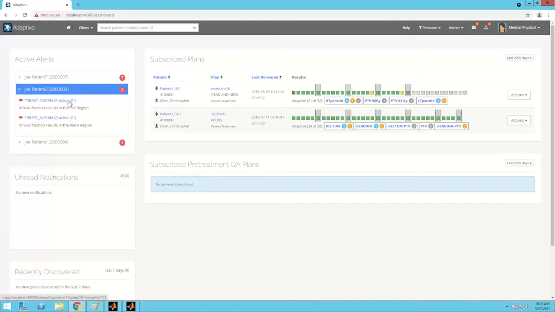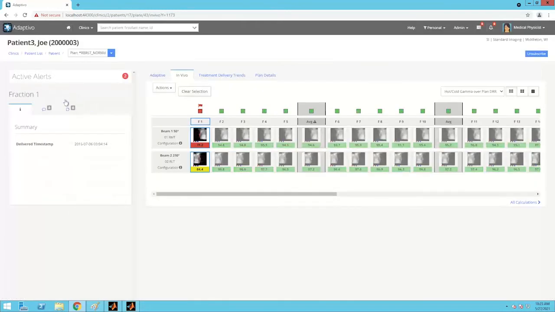So let's go ahead and look at this fail region alert. And so we merely click here. And if I haven't been timed out, we should go directly into this patient plan a bit further.